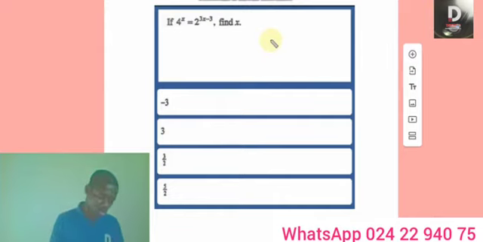Let's go straight away. 4 to the power x, open bracket, forward arrow to bring me down, equal to 2 raised to the power 3x minus 3.